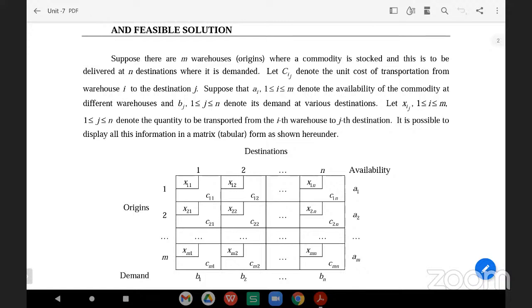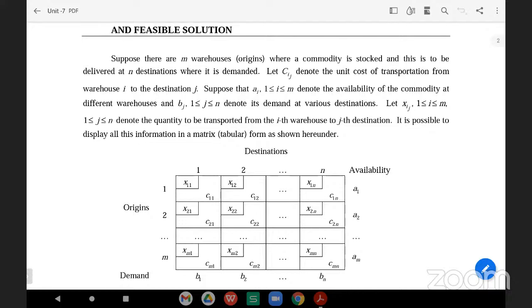Here, X11, X12, X13, X21, X22, X2n, Xm1, Xm2, Xmn are all the variables. Those variables show how many units of allocation we can select.